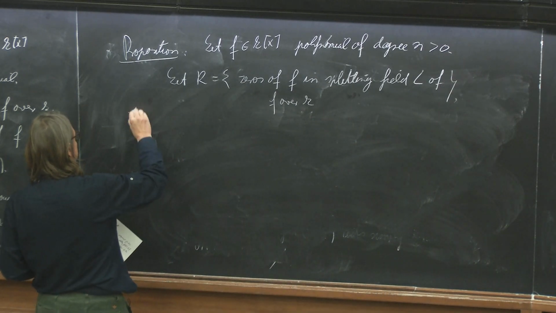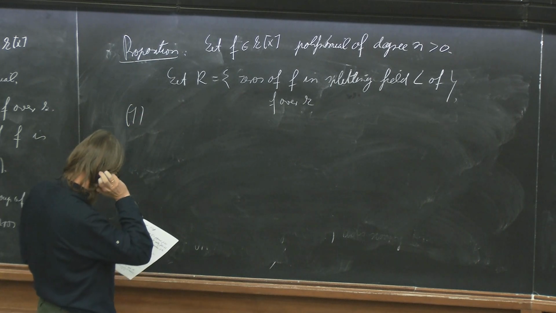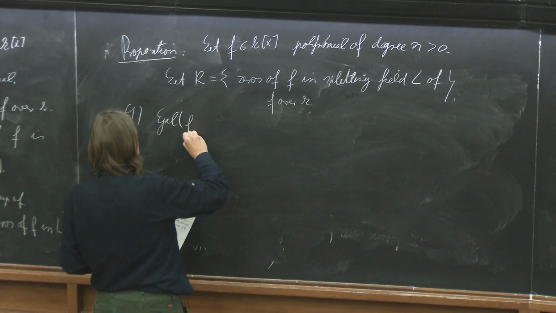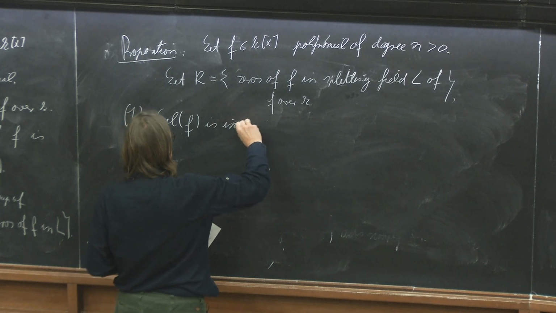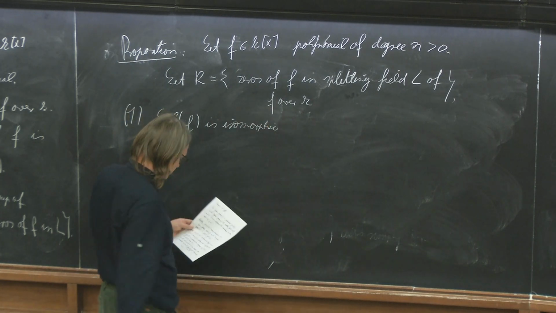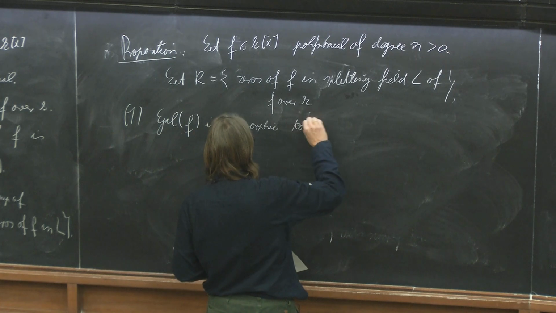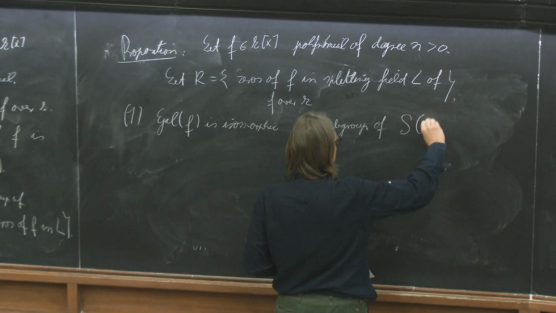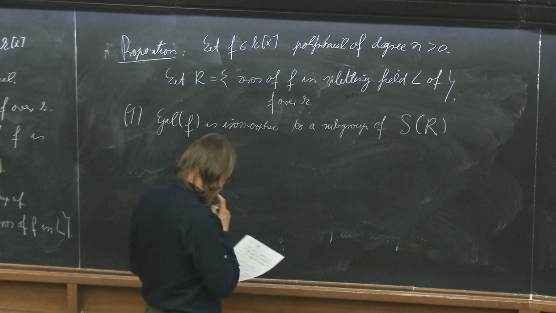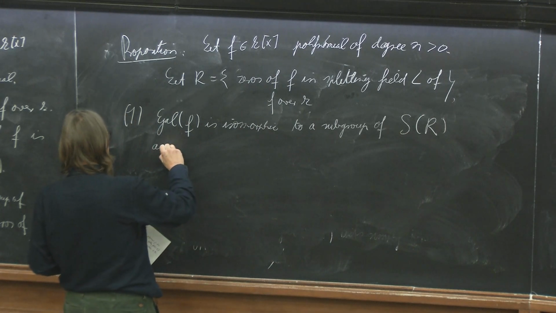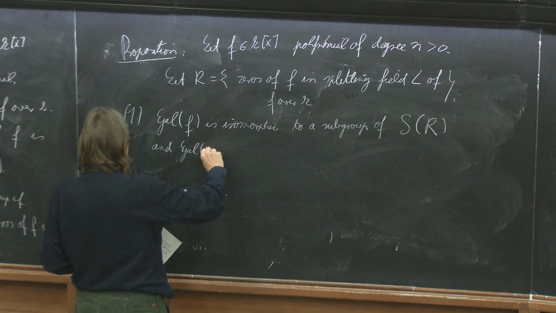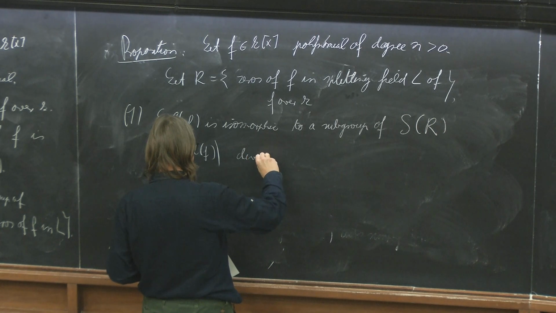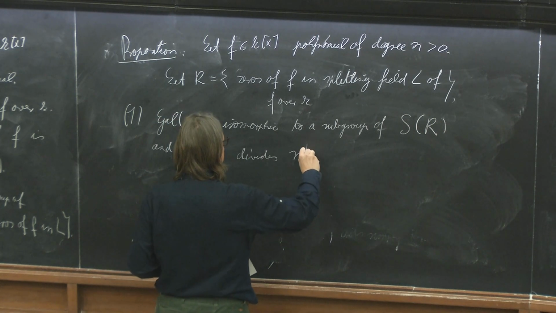Then we have the following statement. First, and that's the main thing somehow, the Galois group of f is isomorphic to a subgroup of the symmetric group on R, and the number of elements in the Galois group divides n factorial.